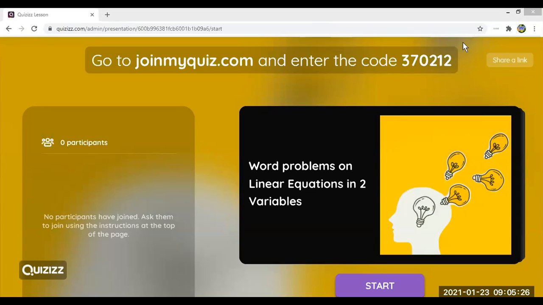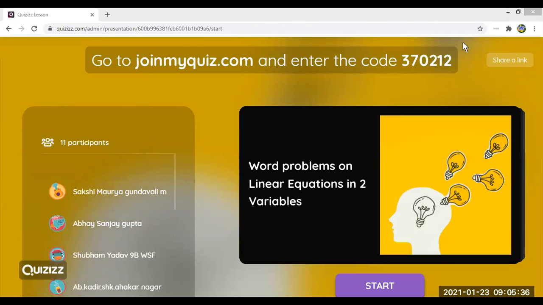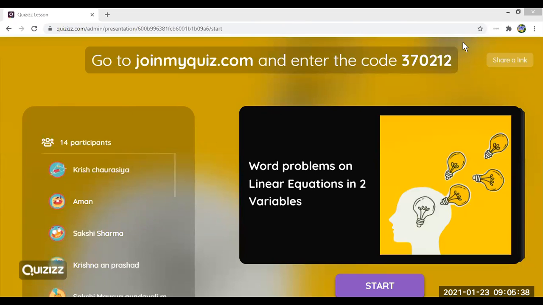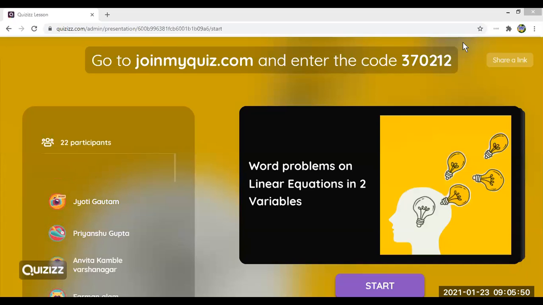Students, quickly. Sujay Mishra, Faiza, Pushpa, Astha, Nilesh, Shubham, Abhay, very good students. Once again, let me repeat the process. You need to go to Google, joinmyquiz.com, and then it will ask for a code. The code is 370212.